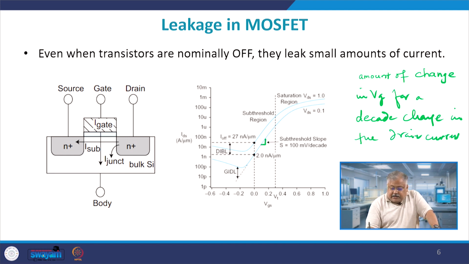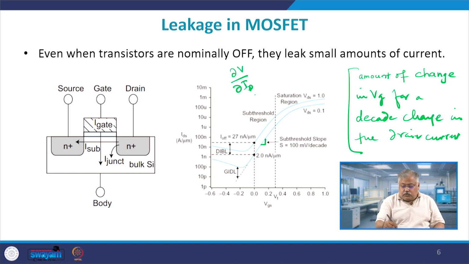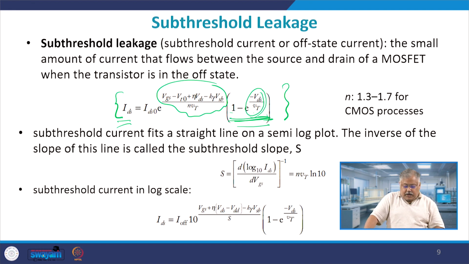So basically the slope of this curve, if you find it out, will be del Vg by del Id, right. So we take 1 over the slope, which will give you the subthreshold slope, and that is what I have written here. The inverse of the slope of this line is called the subthreshold slope and is given by n times Vt, where Vt is the thermal equivalent voltage, times ln of 10, which you get, right, 2.303 or something like this.